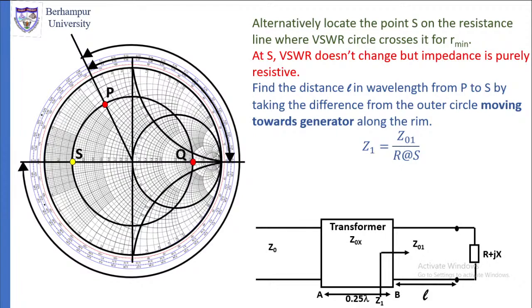Once you find that, then find Z1. Z1 will be equal to Z01 divided by R at S. Remember, this is important.